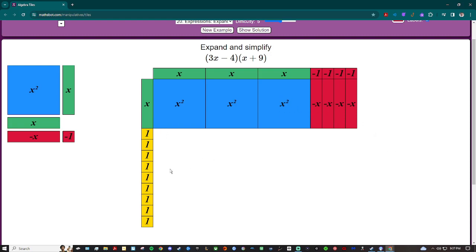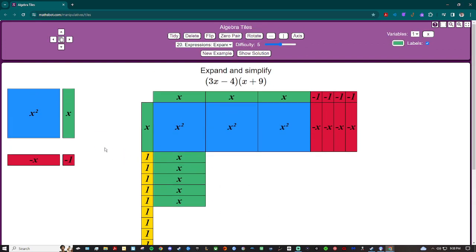Okay, now we have all these little ones to figure out. So 1 times all of these x's are going to give us tons and tons of x's that we're going to use to fill in. That is if we don't run out. And it looks like we have run out. Let's rotate this.